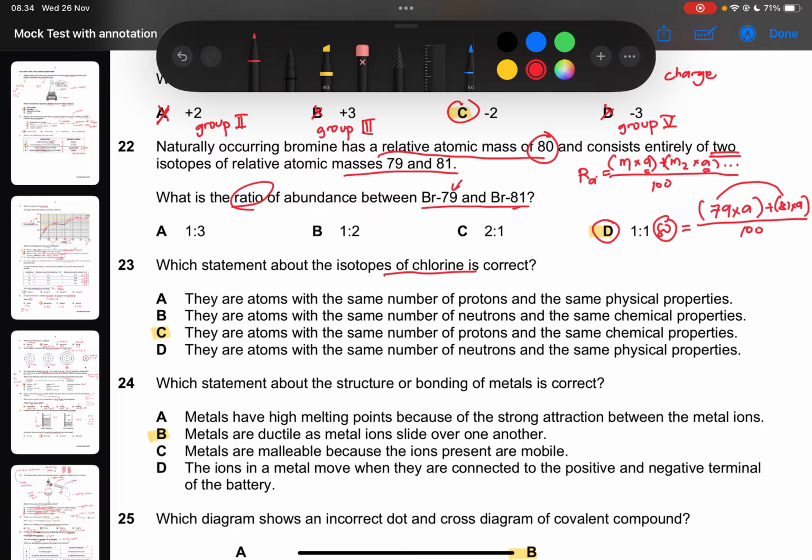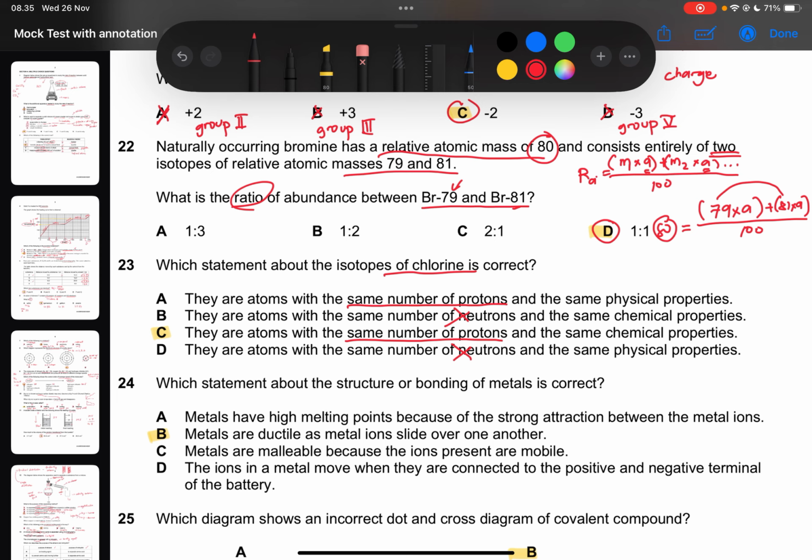So from our statement, we can cancel statement letter B and statement letter D, because they talk about the same number of neutrons. What is correct is they have the same number of protons. Now, isotopes have the same number of protons and electrons, therefore their chemical properties will be the same.